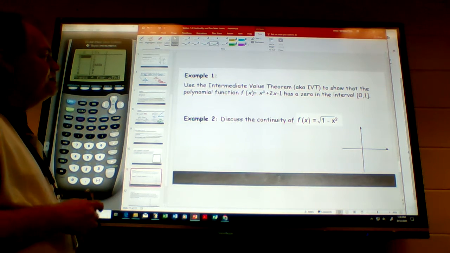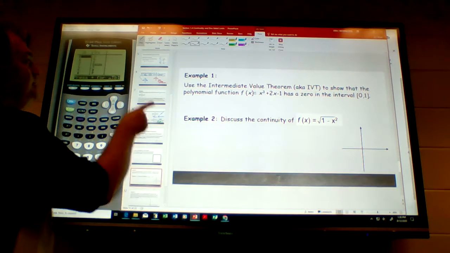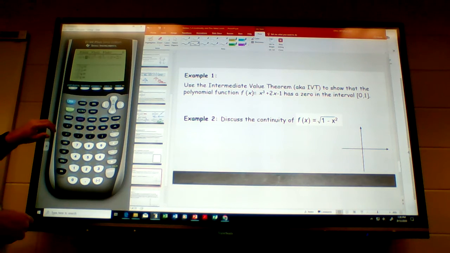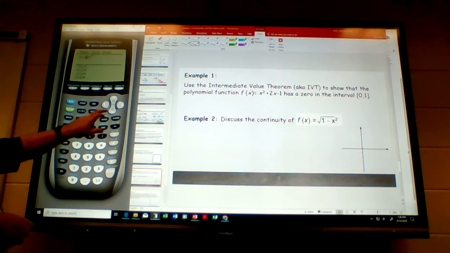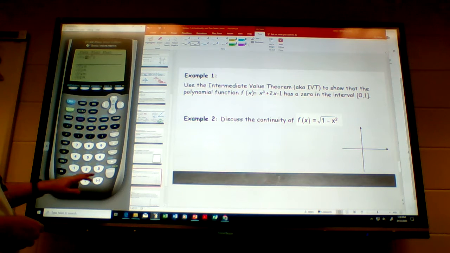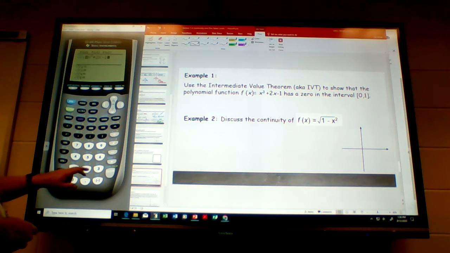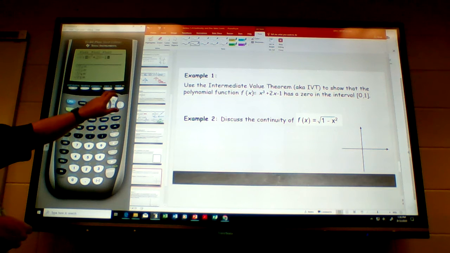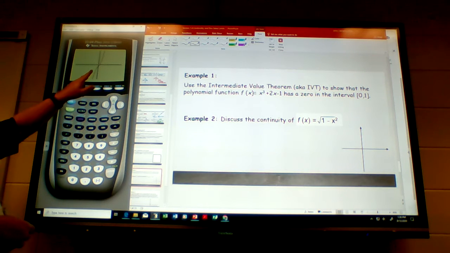Now, if you were to graph this curve, matter of fact, let's do that. Y equals, let's clear it out, x to the third plus 2x minus 1. And if we graph it, here's what it's saying.